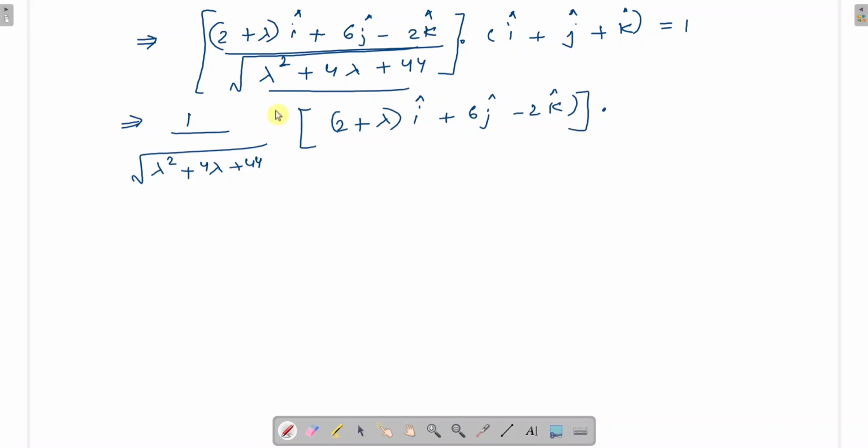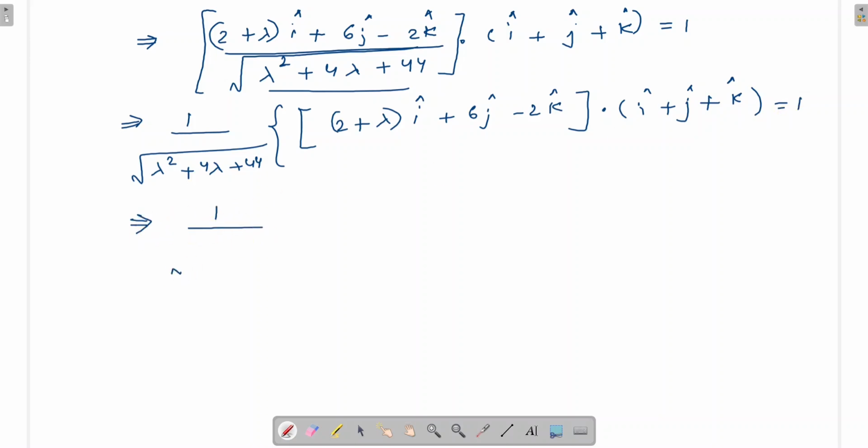Then dot product with i cap plus j cap plus k cap equal to 1.